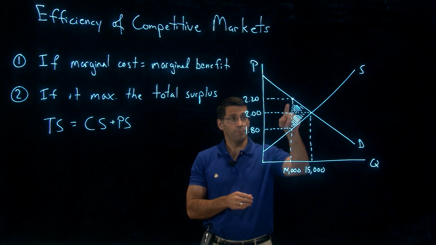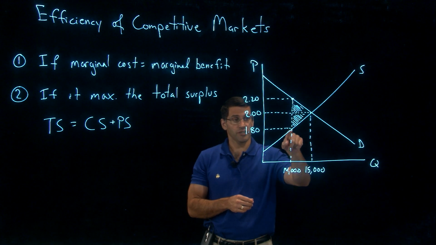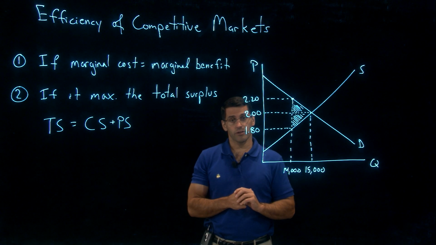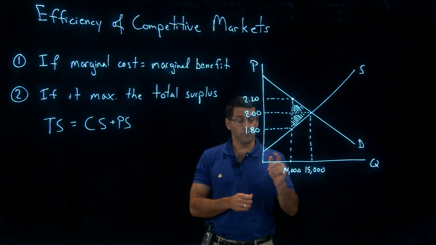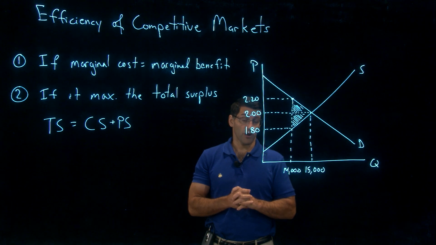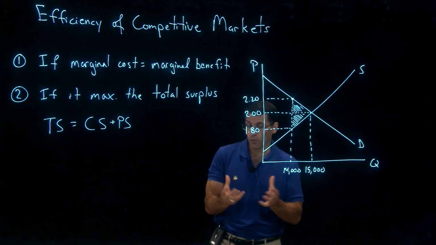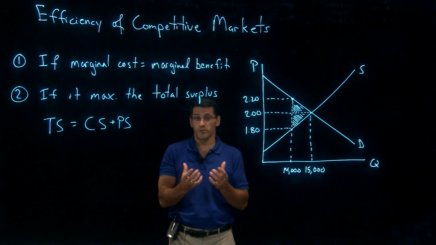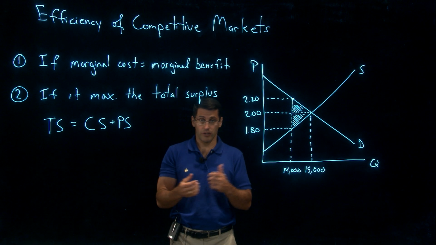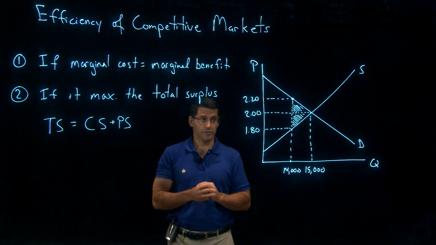Why is that happening? It's happening because marginal benefit is exceeding marginal cost. That's the way you want to look at this. The marginal benefit of the 14,000th latte is $2.20, whereas the marginal cost is only $1.80. There's a 40-cent difference, a surplus that could accrue to both the seller and the buyer in this case.